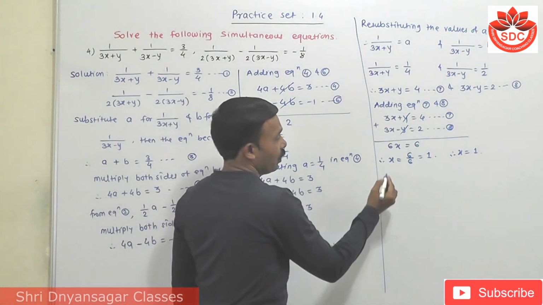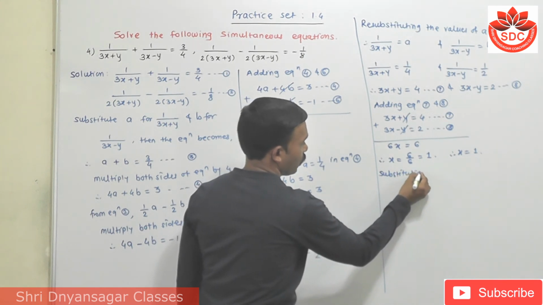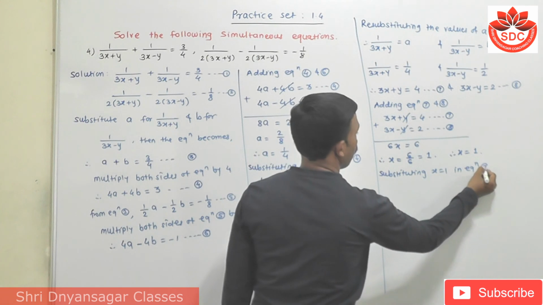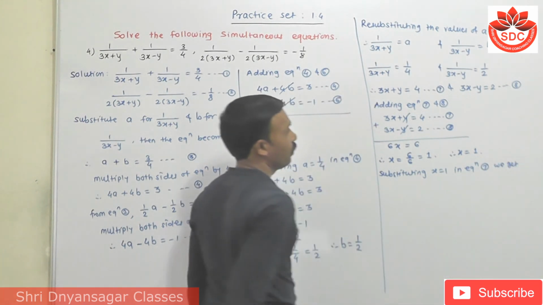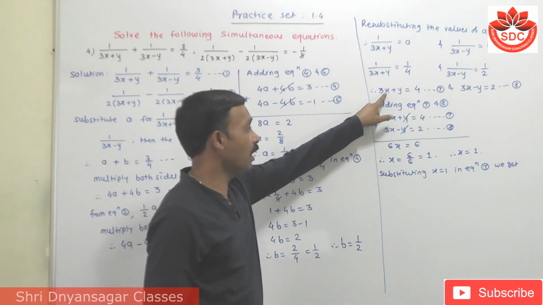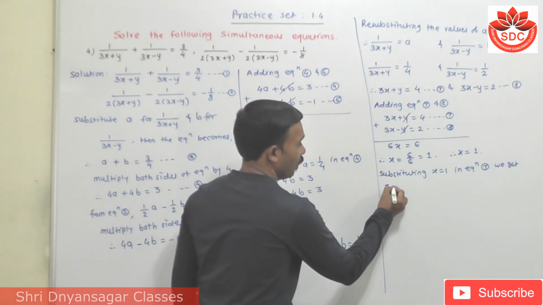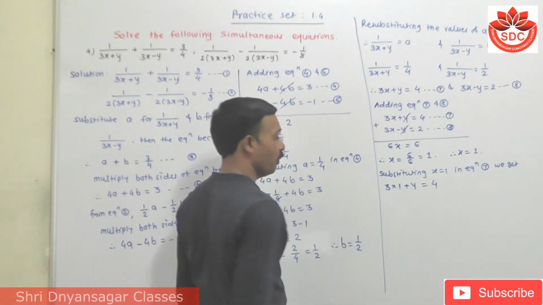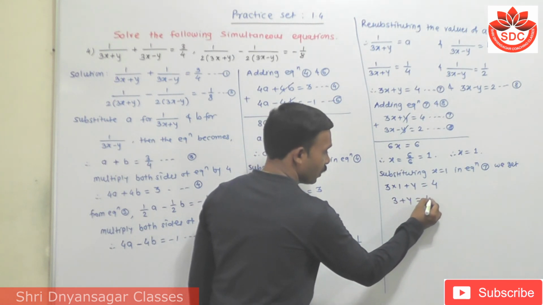So, substituting x is equal to 1 in equation 7, we get, I have to directly substitute here the value of x is 1 into equation number 7. We get 3 into 1 plus y is equal to 4. 3 ones are 3 plus y is equal to 4.